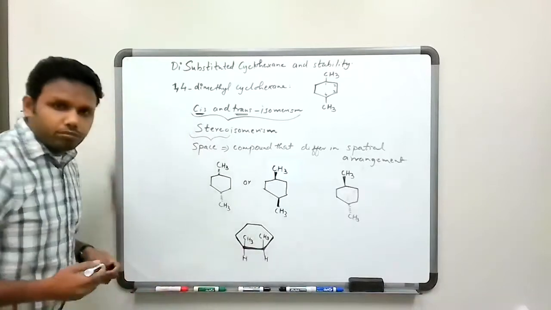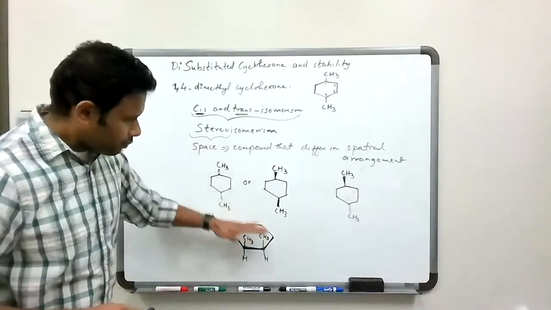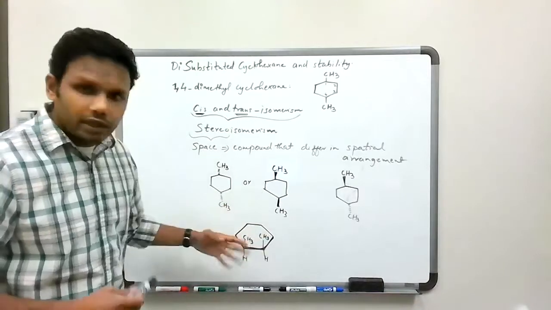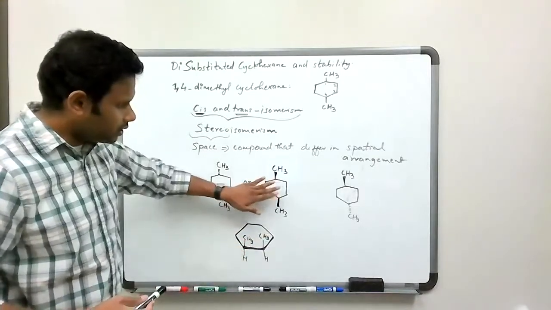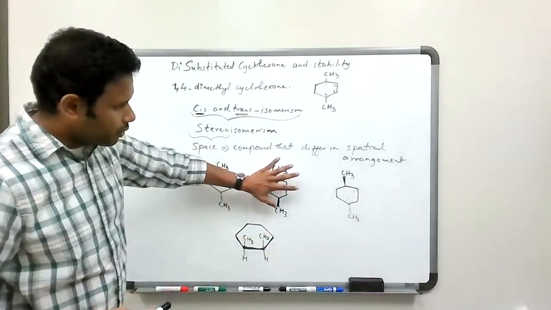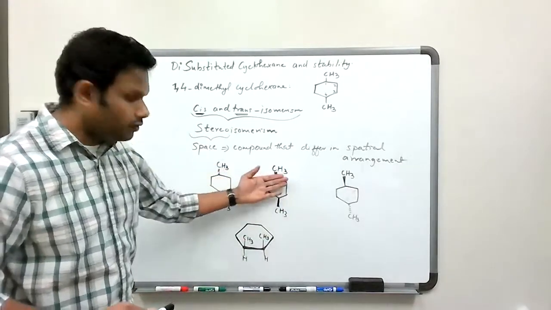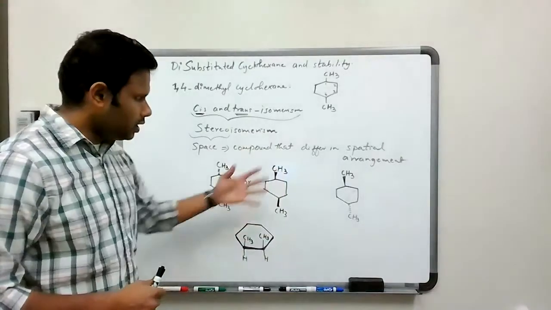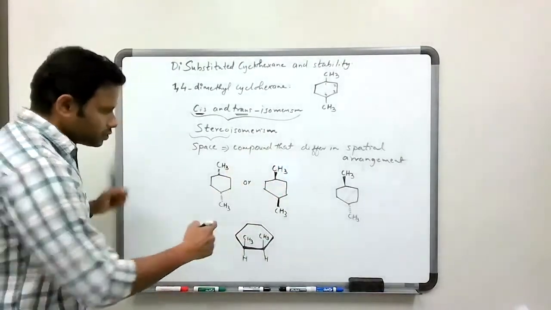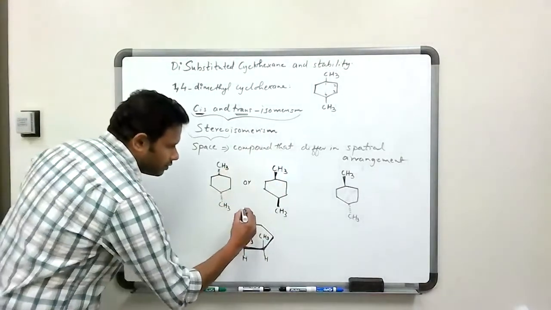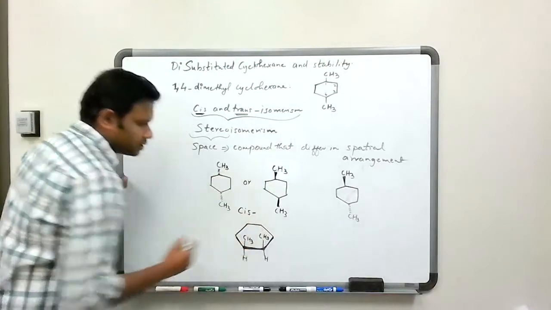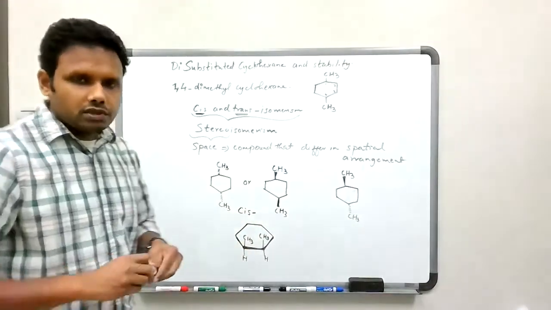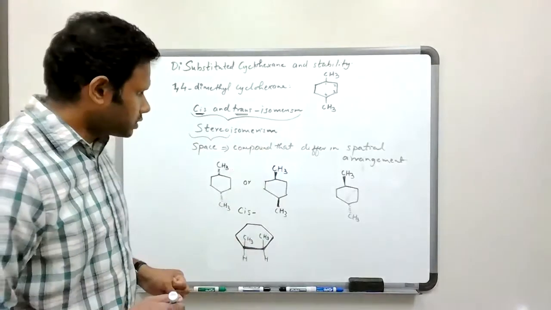So both methyl groups are pointing above the ring in some sense. Okay, so over here, both methyl groups are pointing on the same side of that plane of the whiteboard. So they are pointing in the same direction. So these molecules are called cis isomers, which means basically pointing in the same direction.